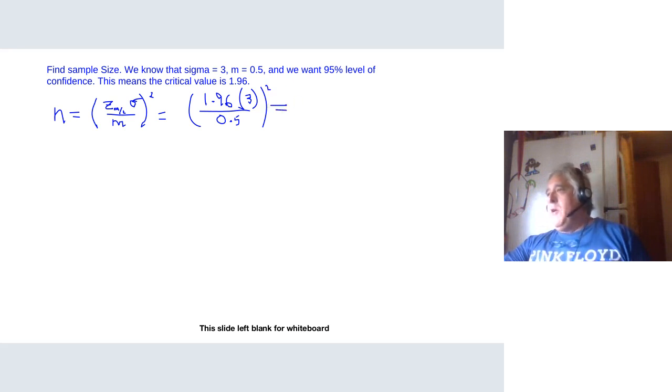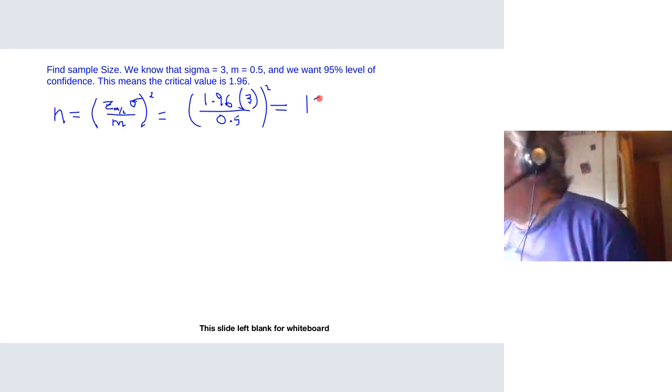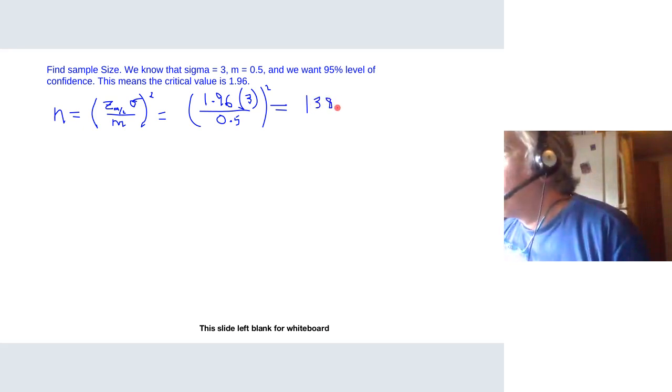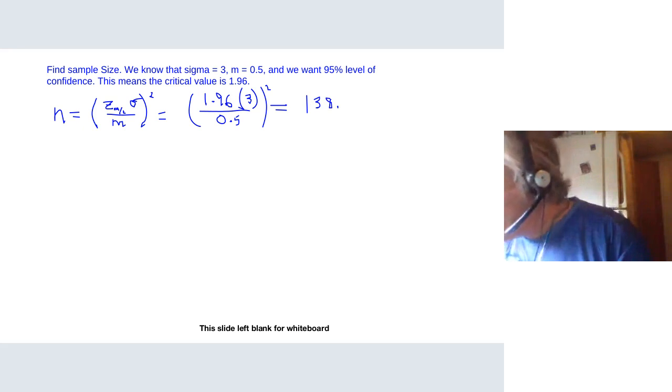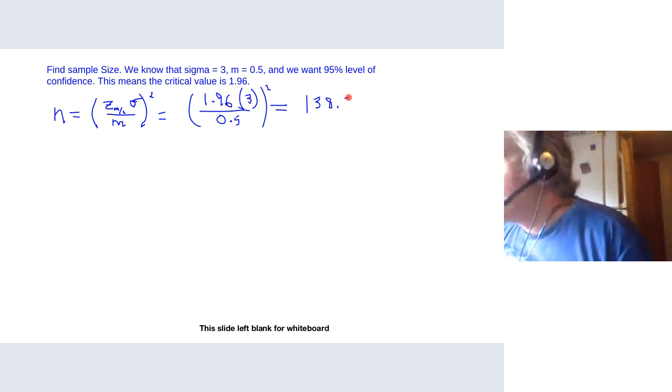Now I'll spare you all the details, but I'm going to do it on the calculator over here. 1.96 times 3 divided by 0.5, and then we square that. And that comes out to 138.30, let's say.